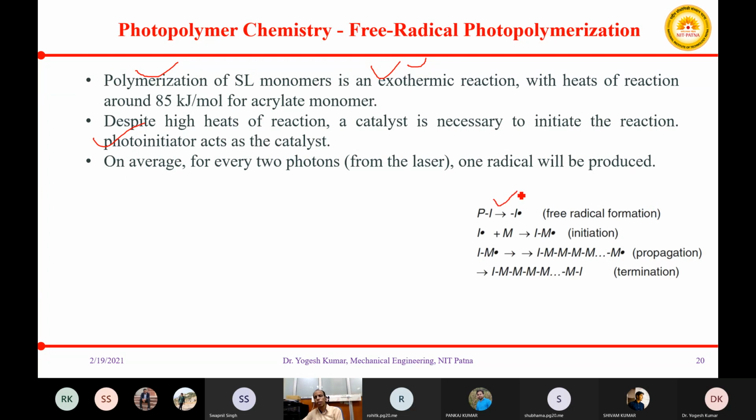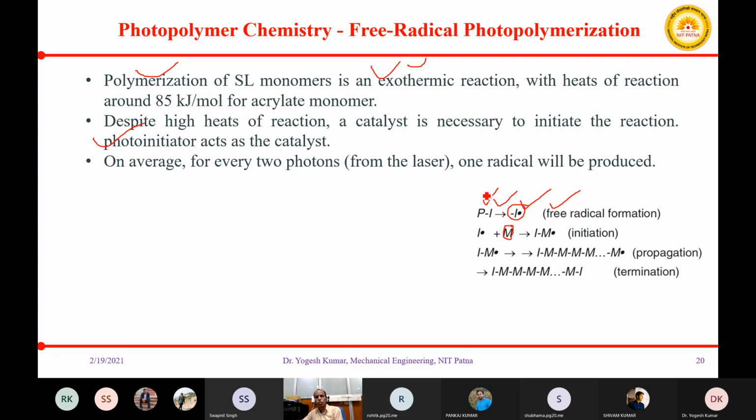So here you can see, as soon as light impinges on your photoinitiator, one free radical is formed, and this free radical further reacts with your monomer. So M stands for monomer, I is for initiator, and Pi indicates the photoinitiator.